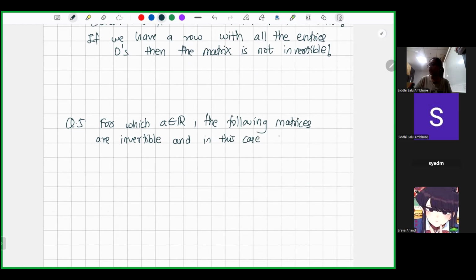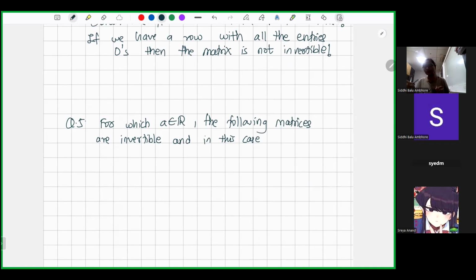When we were discussing homogeneous and non-homogeneous systems of linear equations, whether we have infinite or unique solutions, we said that a homogeneous system has infinitely many solutions if a matrix is not invertible, that is, the determinant is zero. But if the determinant is non-zero, then only 0, 0, 0 will be the solution. That is where we were discussing the invertibility of a matrix.